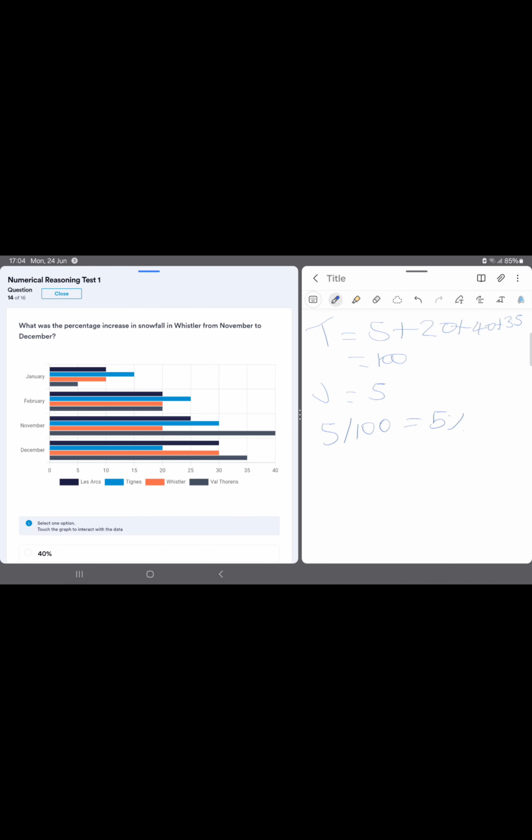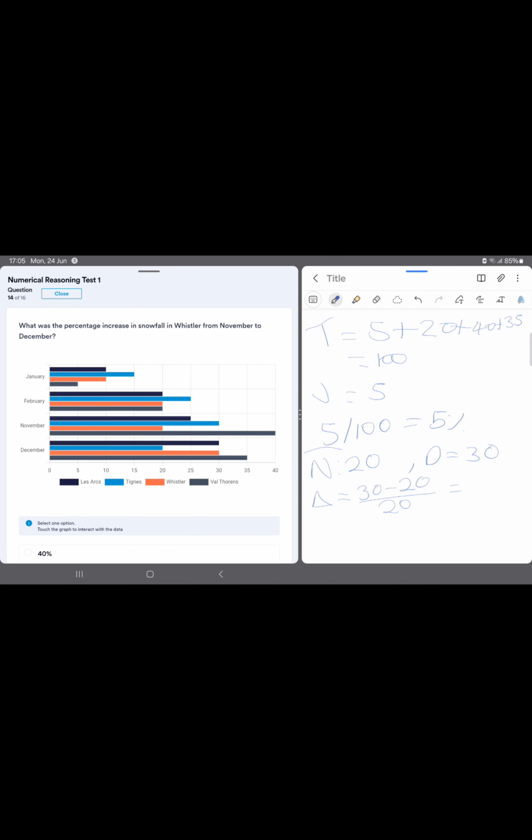Okay, and then the next question says, what was the percentage increase in snowfall in Whistler from November to December? Okay, and for this one, Whistler is color coded with orange. Then in November we can see it was 20, and in December it was 30. The percentage increase can be calculated by subtracting November from December and then dividing by the November value.